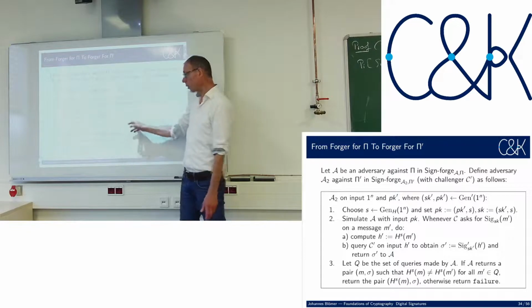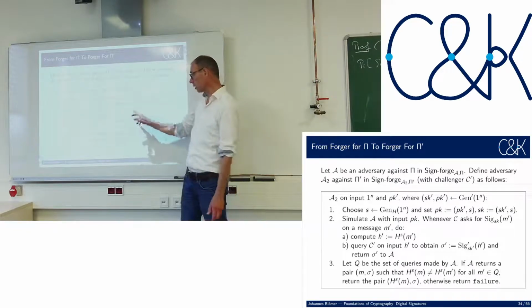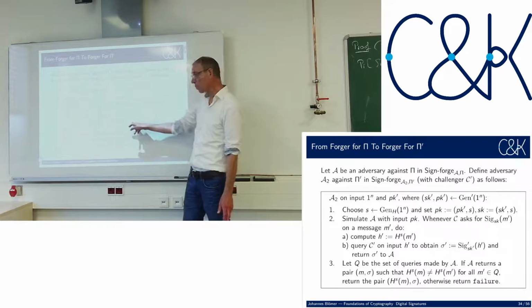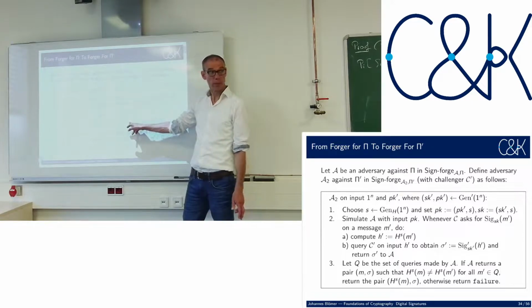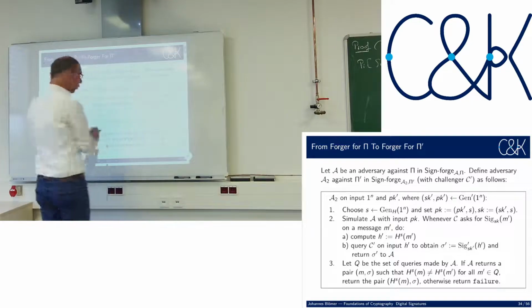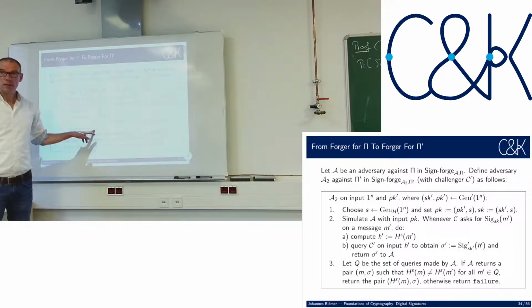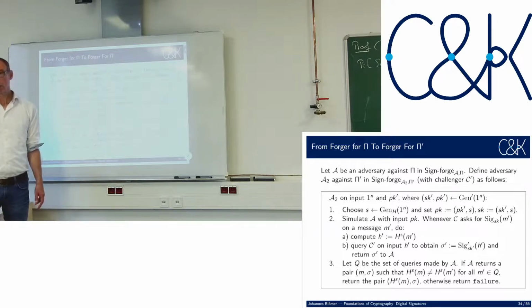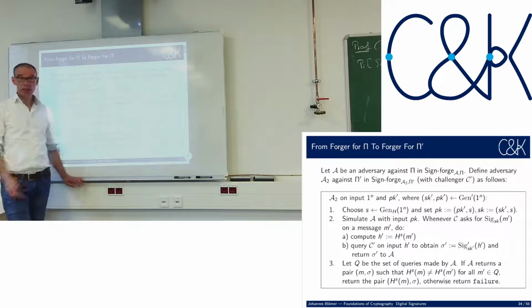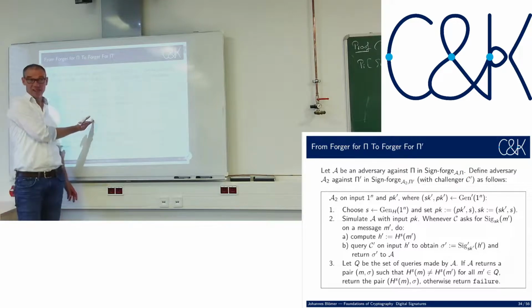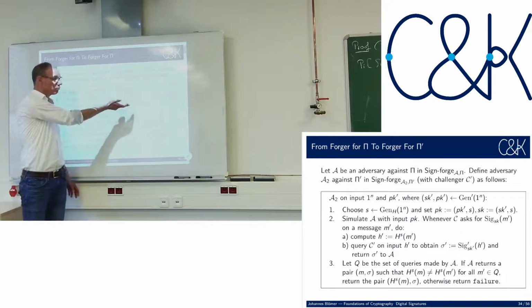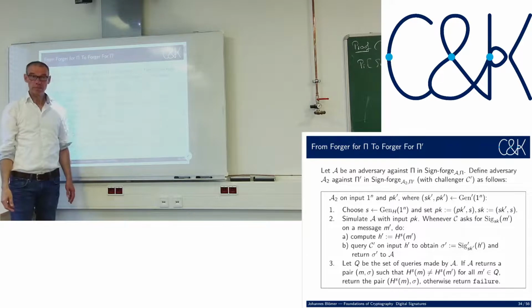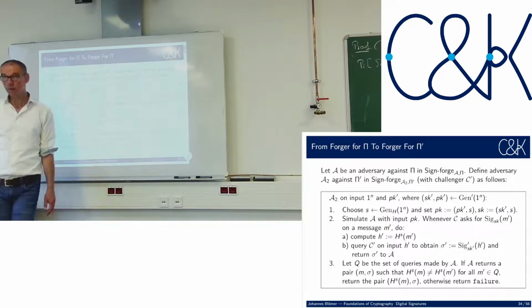And A2 can query its challenger C prime on this message to obtain the corresponding signature. And then it returns sigma prime to A. So it plays the challenger for A, as we always need to do. And the signature is computed correctly, as in scheme pi. It's hashed and signed, according to this public and secret key pair.